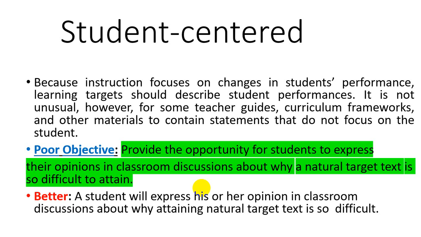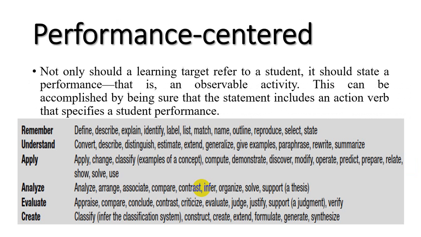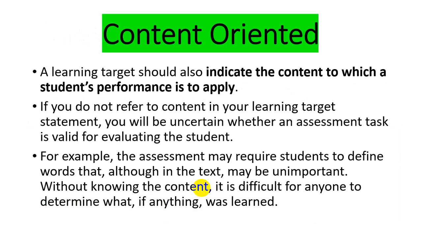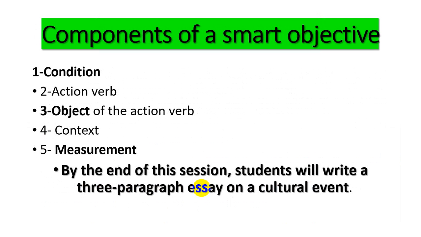It's not unusual for some teacher guides, curriculum, and so on to contain statements that don't focus on the students. And then performance, because here we need to have some kind of observable activity. This can be accomplished by the statement, and then they must be content oriented, because the learning objectives, the learning target, should also indicate the content to which the performance is to apply.